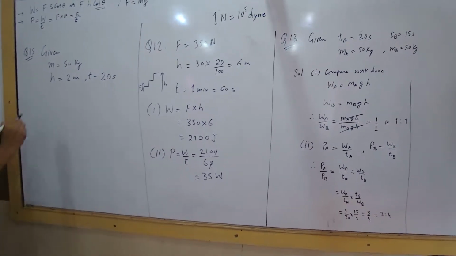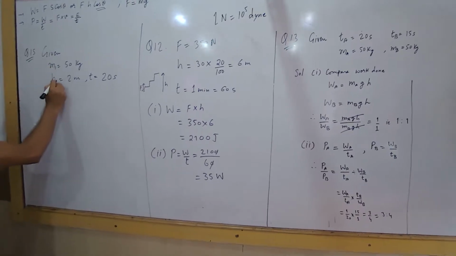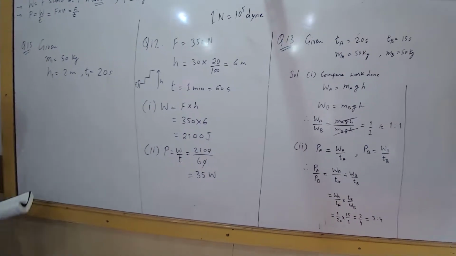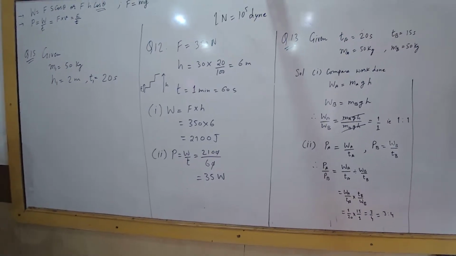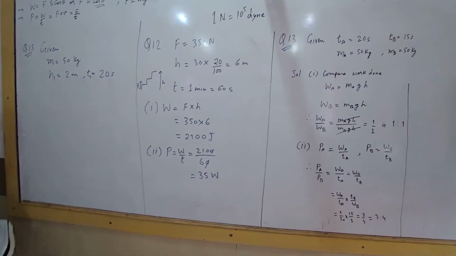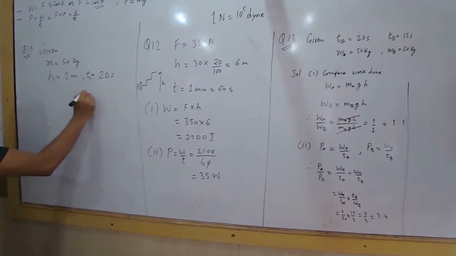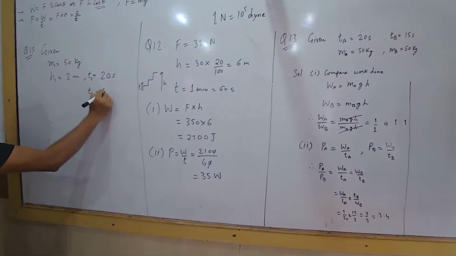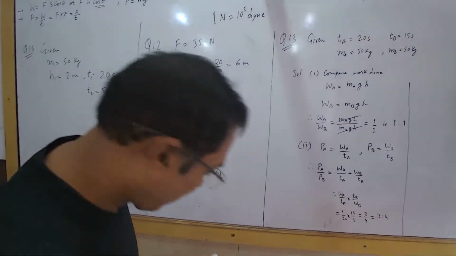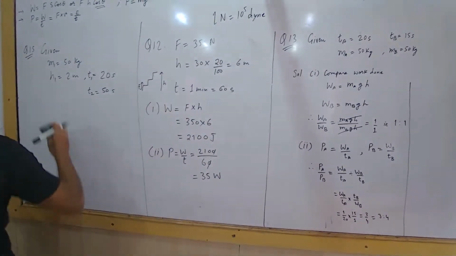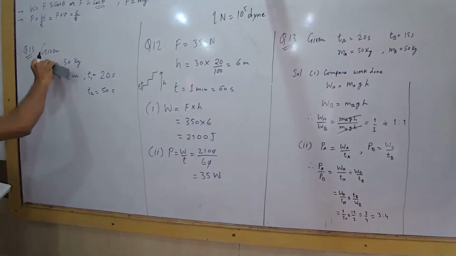So this is the first man. While another man raises the same box to the same height in 50 seconds. So the only difference is t2 is equal to 50 seconds. Mass and height are the same, so let it be m and h.